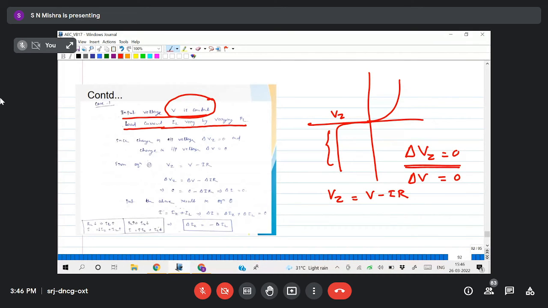If I change VZ, a small change in VZ is due to change in V minus change in current, resistance constant, I am not changing resistance. So change in VZ will be due to change in source voltage minus change in current through the circuit into resistance.